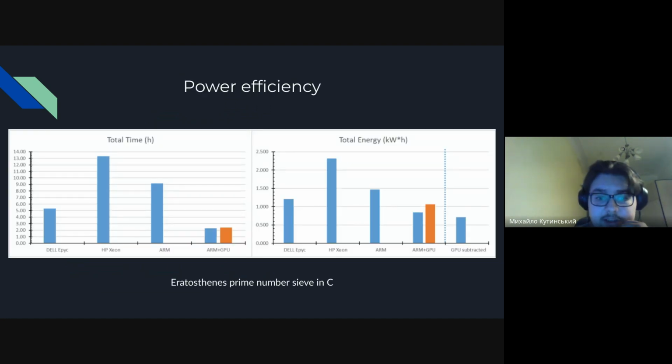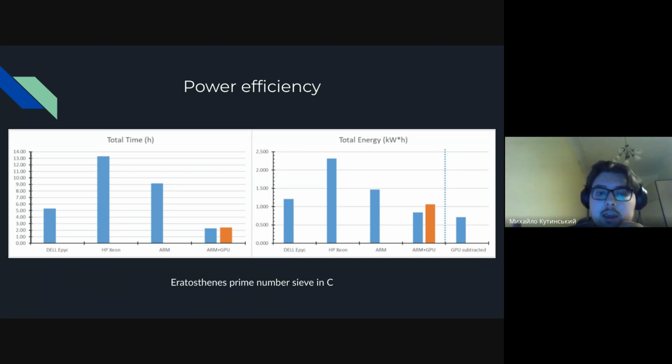So, power efficiency. We all heard that ARM-based systems tend to be more power efficient, until they aren't. On this slide, there are two graphs that show the efficiency of different systems calculating the Sieve of Eratosthenes prime number algorithm in C with the OpenMP library.